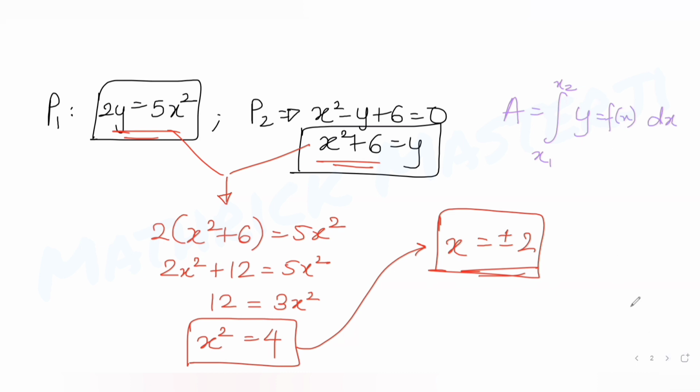Here y is x square plus 6, and the other y is 5 by 2 x square. To see which is greater, I can put in any value between minus 2 and plus 2. If I put 0, I get 0 plus 6 is 6, and 5 by 2 multiplied with 0 is 0. So this one is the bigger, upper curve and this is the smaller one.